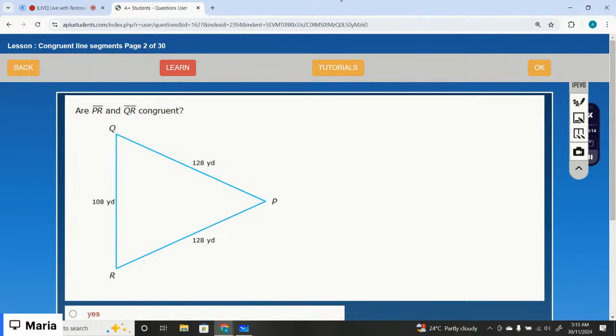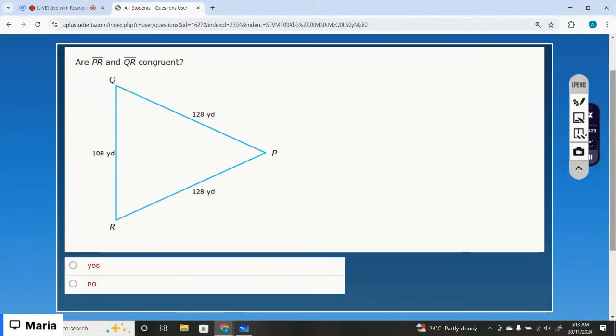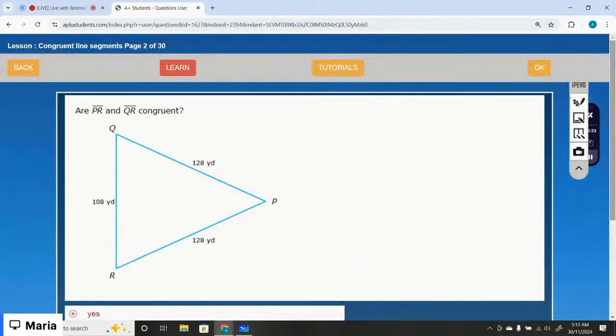Are PR and PQ congruent? The correct option is yes, they are congruent because they have the same length.